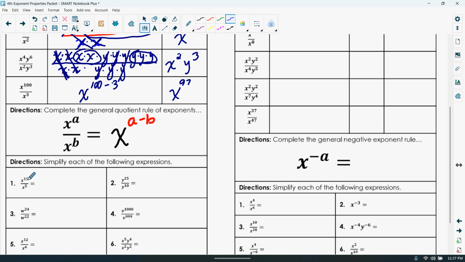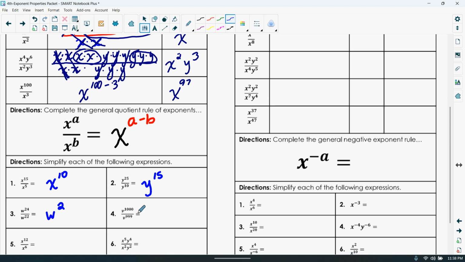Okay, and so you can just do that mentally and come up with your solution. For example, I'm just subtracting 5 from 15, so this would be x to the 10th power. Okay, here I'm subtracting 10 from 25, so this is going to be y to the 15th power. 24 minus 2, 22, this would be w to the 22nd power.